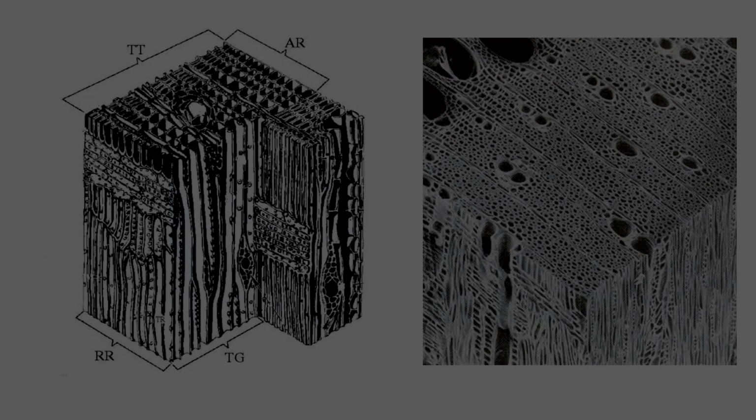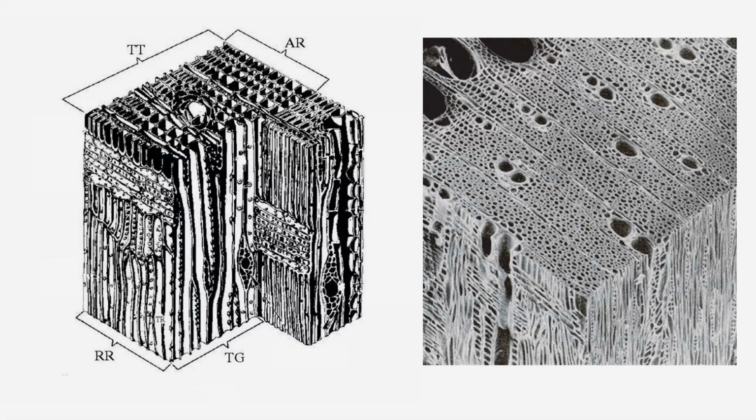So bearing in mind that wood needs to be able to resist primarily longitudinal forces, and that it needs to be able to transport material up and down its trunk, through its limbs, etc., it should be no surprise that when you zoom in at the microstructure level, you end up seeing structures kind of like this. These are, one a drawing, one an actual image of the microstructure of various types of wood.